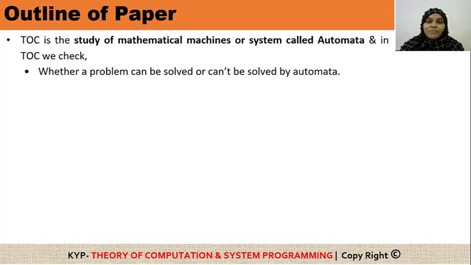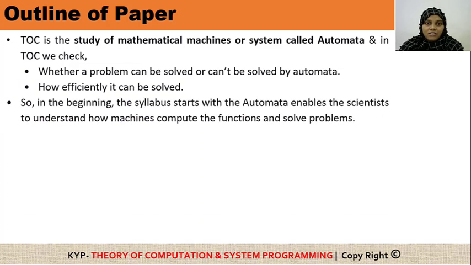The next thing we consider is how efficiently that particular problem can be solved by a particular machine. So, at the beginning of the syllabus, we will see different automata or machines that enable scientists to understand how machines compute functions and solve problems.